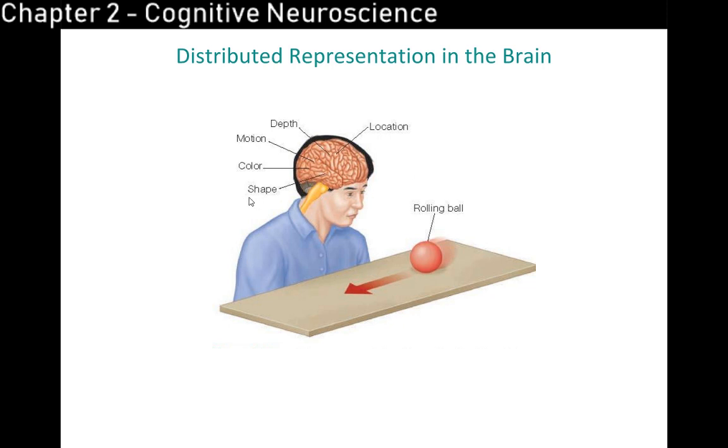We not only have to look at the shape of the ball to establish that it is in fact a ball, but also the color of that ball, the motion, so the actual temporal movement of the ball down the table. Then there's depth, so whether or not the ball is moving away, how close the ball is to us, and the location of the ball is also used in order to determine how quickly the ball might be moving.